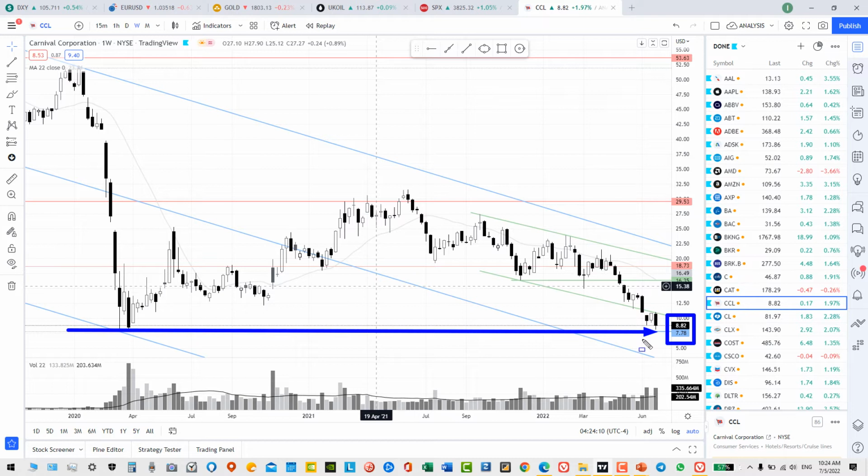Just reaching the support does not mean that the stock should automatically start correcting to the upside. It takes time, it requires some kind of accumulation, some kind of pattern formation.